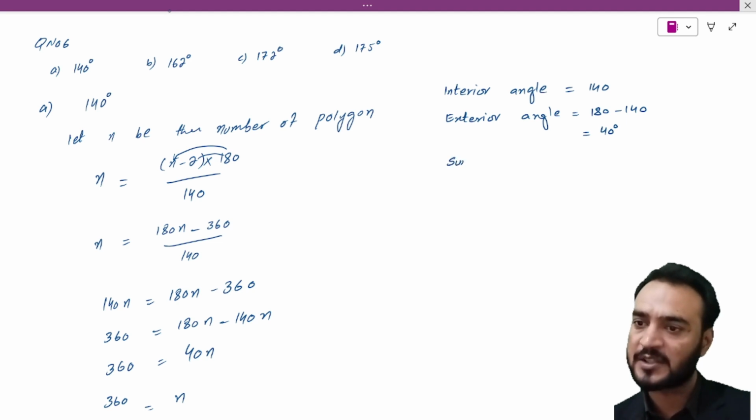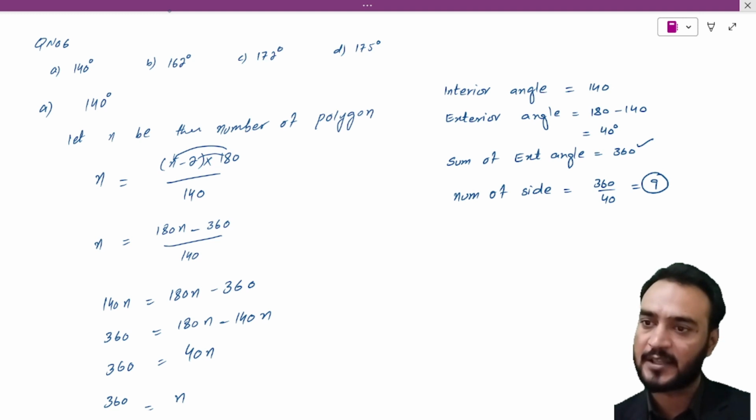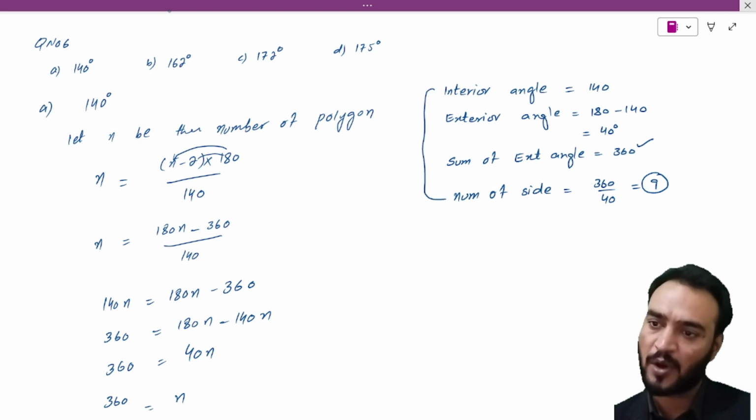As we know, the sum of exterior angles in a polygon is always equal to 360 degrees. Now we divide 360 by one exterior angle, that is 40 degrees, to get the number of sides. So number of sides is equal to 360 divided by the exterior angle 40, it becomes 9. So this polygon has 9 sides. This is another method to solve this problem.